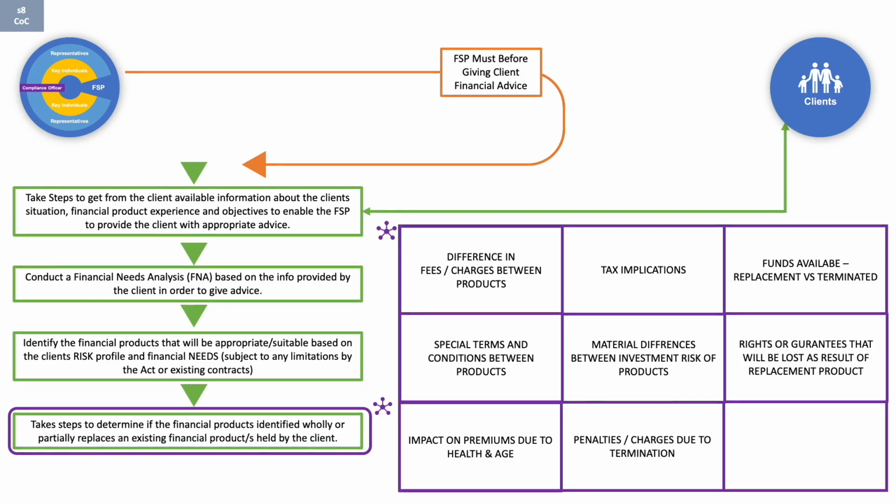Vesting rights, minimum guaranteed benefits or other guarantees or benefits that will be lost as a result or consequence of the replacement product. Any incentives, remuneration, consideration, fees received directly or indirectly by the FSP in relation to the financial services offered for either or both the terminated and or replacement products.